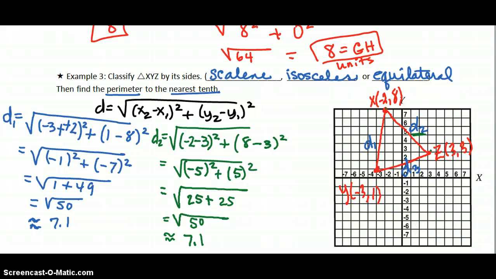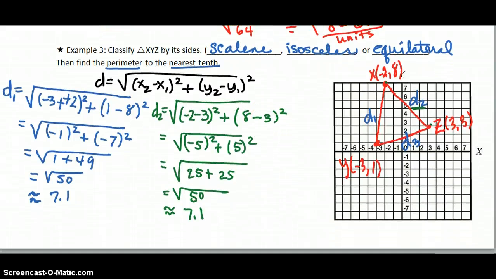And then last, let's pick a new color. How about purple? For distance number 3, I'm running a little short on space. Let's put distance number 3 down here. Again, I'm looking at this side, so I'm comparing these points. My x's are -3 and +3. My y's are 1 and 3.